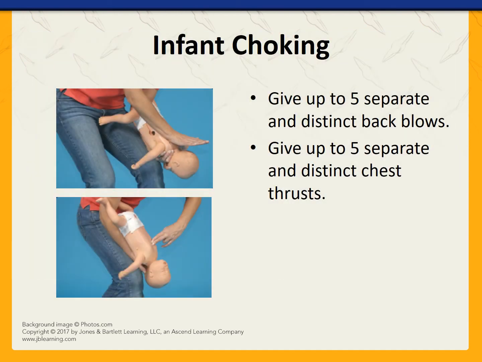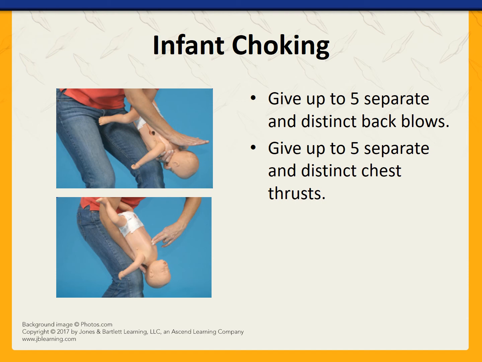Now let's break the steps down. When providing choking assistance to an infant, give up to 5 separate and distinct back blows, going in a downward motion across the back with the child at an angle.